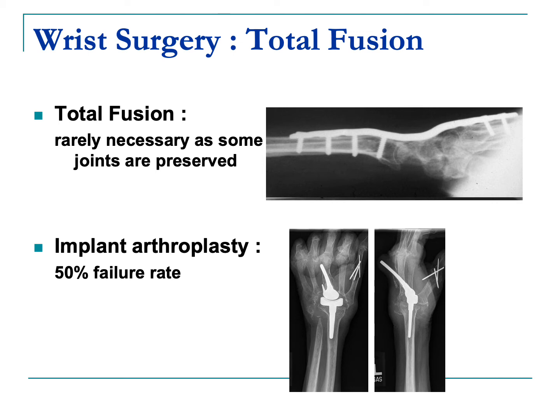Implant arthroplasty, which was probably very valuable for the rheumatoid, seems to be less effective in the patient with osteoarthritis. This is because these patients have more active use, they have higher demand, and there tends to be significant loosening of the implants and dislocation, so that the implant arthroplasty failure rate, even in modern technique, is still approximately 50%.